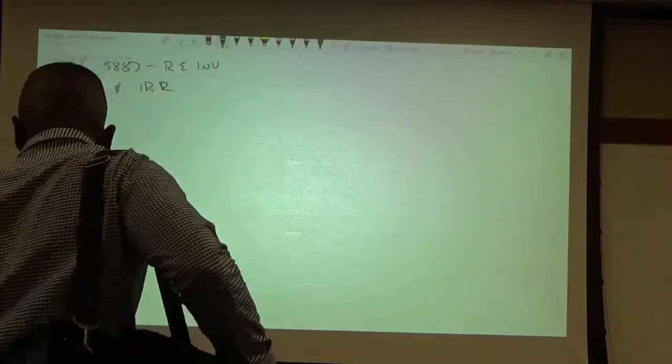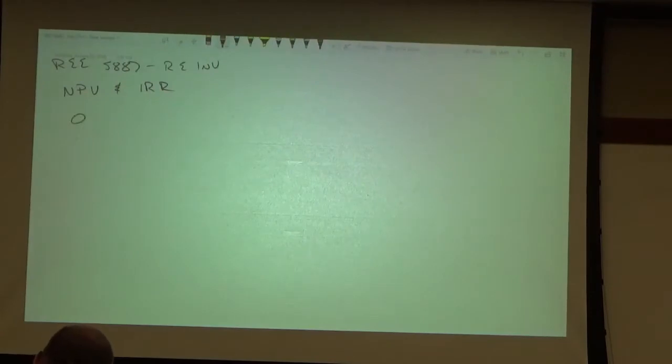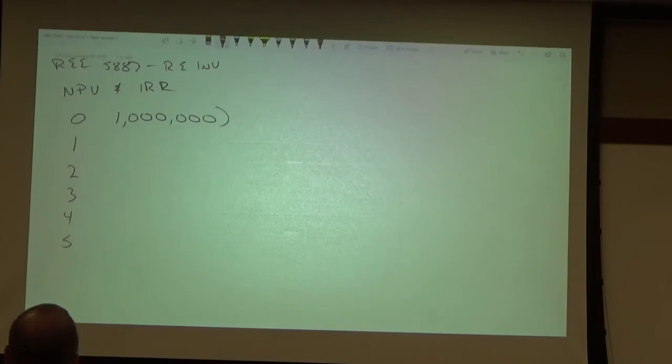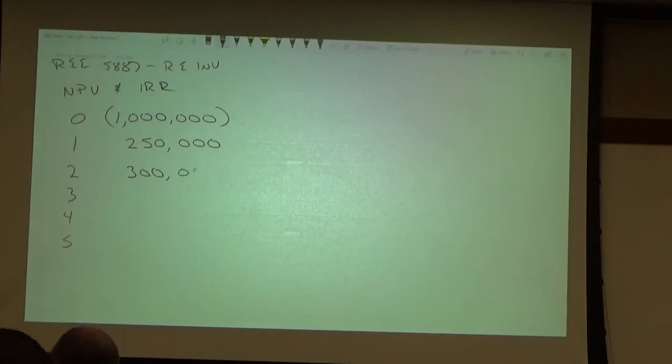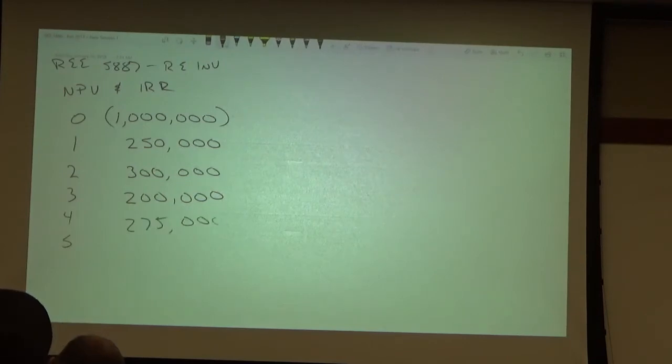and let's assume that we have the following set of cash flows. We've got a property that we have purchased for $1 million, and our cash inflows each year, let's say, are going to be 250, 300, 200, 275, and 295.